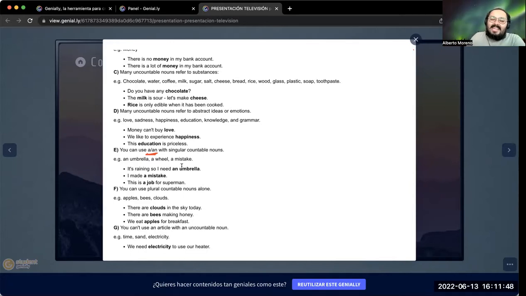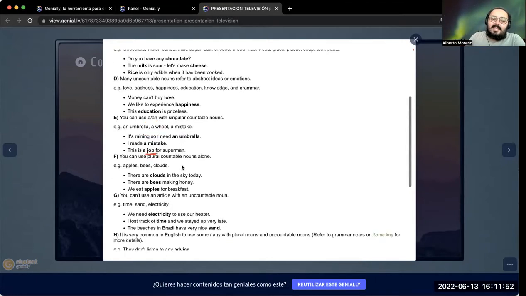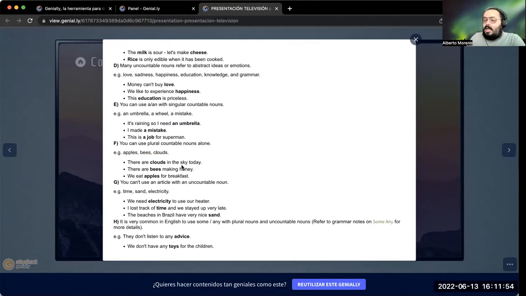Ahora, perdón. Los sustantivos contables pueden ir solos, tanto en singular como en plural. Por ejemplo, there are clouds, there are bees, we ate apples, we eat apples. Nosotros comemos manzanas, hay abejas, hay nubes.